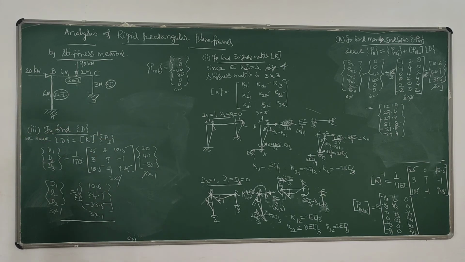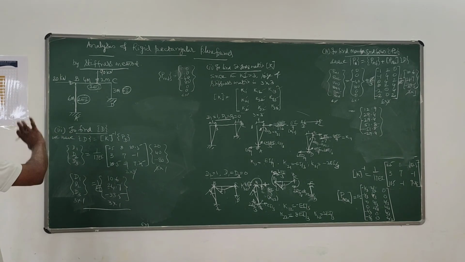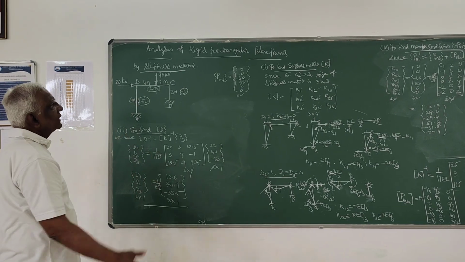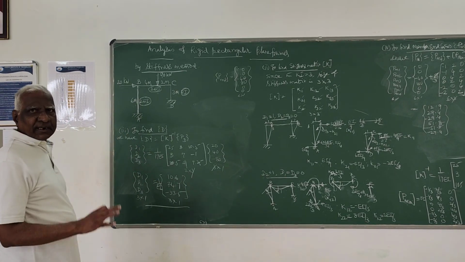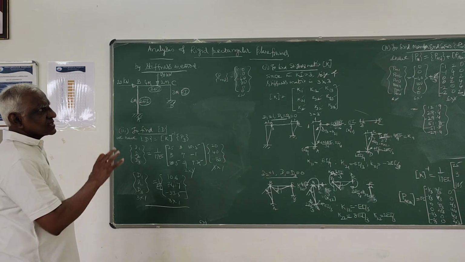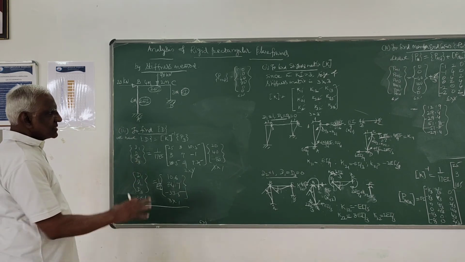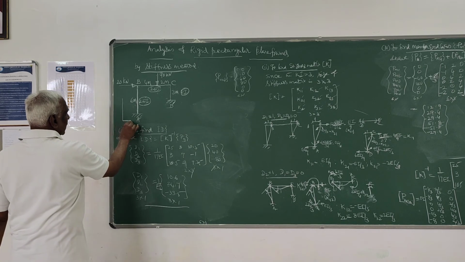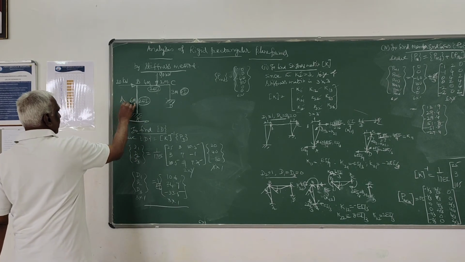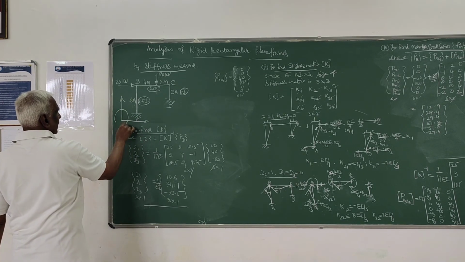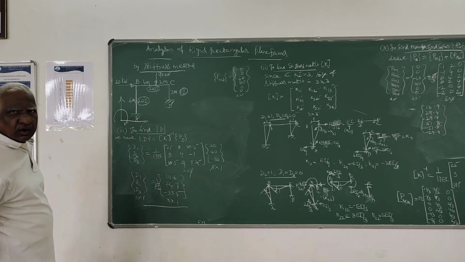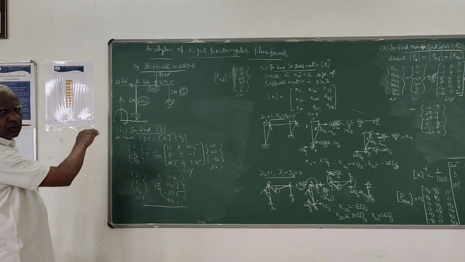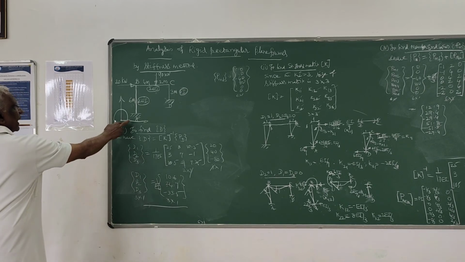This is about the analysis of a rigid rectangular plane frame by the stiffness method, direct stiffness method. That is called system approach. This is called system approach because we are using only the global coordinates, like force along the horizontal direction, vertical direction and moment in the positive direction.